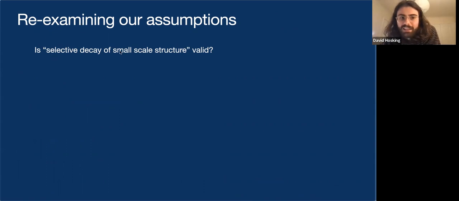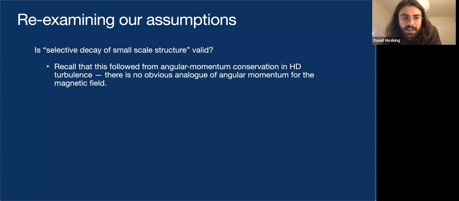Well, it's based on this idea of selective decay of small scale structure, this conservation of that asymptote. And when you think about it, it's not actually obvious that this result should hold in MHD, because as I said earlier, the conservation of the Loitsyansky integral is a consequence of angular momentum conservation.